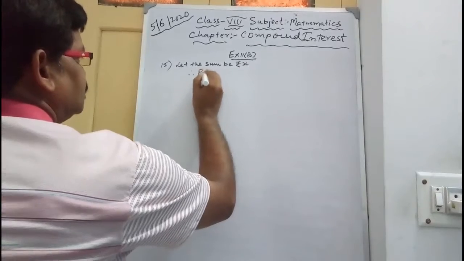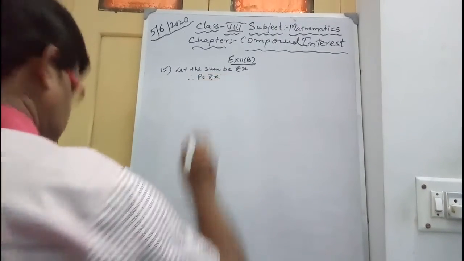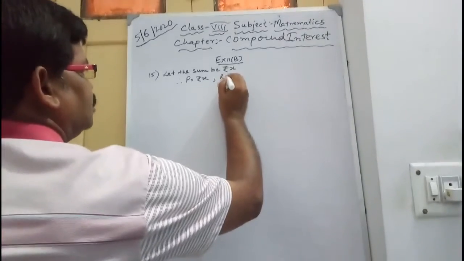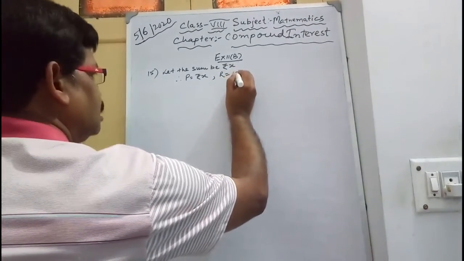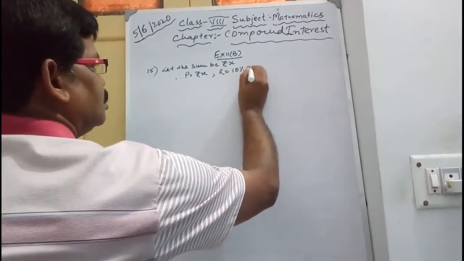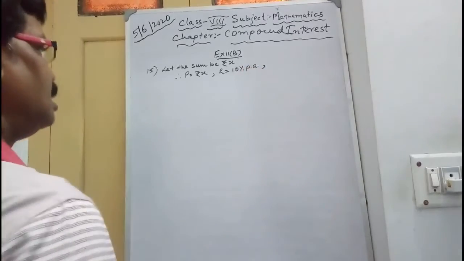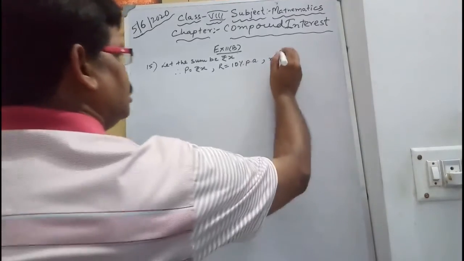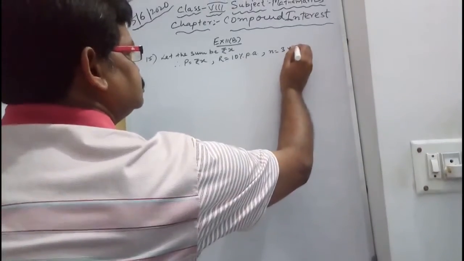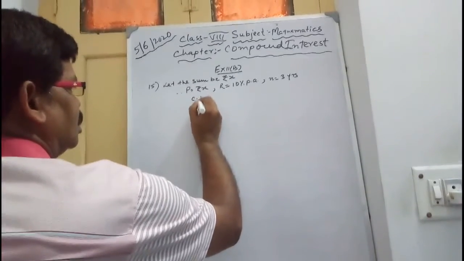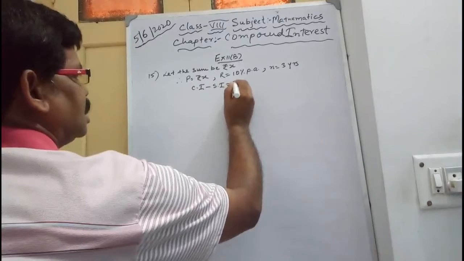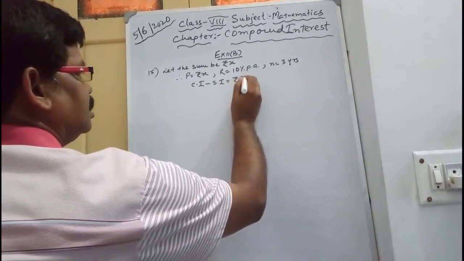Therefore principal here is rupees x and rate of interest is given 10% per annum, time n is given as 3 years, and the difference of compound interest and simple interest is given as rupees 93.